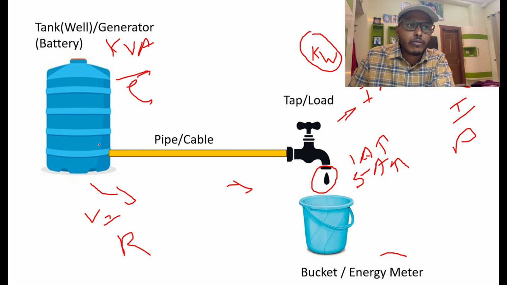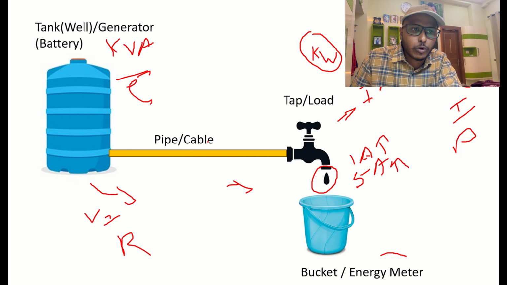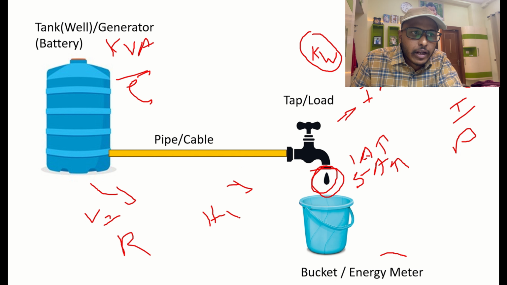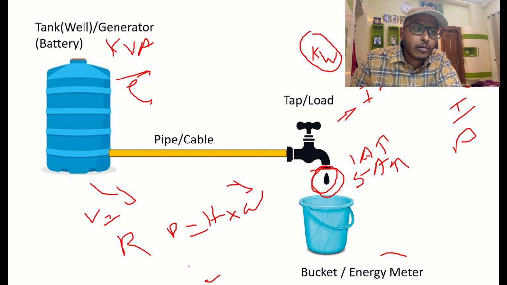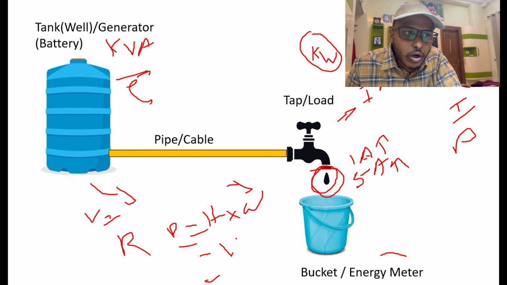We have voltage. The voltage means the rate at which the electrons are moving, or the potential difference across the thing. So in simple words, how much water is available at this point, and at what rate the water is coming, at what speed, at what pressure, is called power. That means the pressure at which it is coming is voltage, and how much is coming is current.